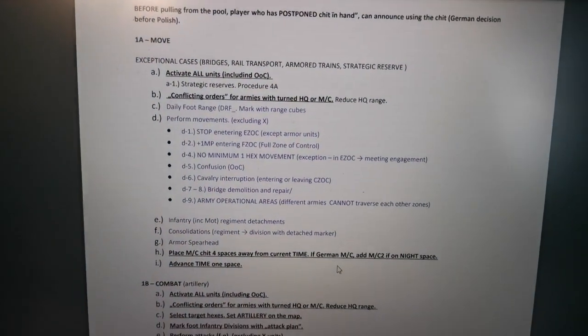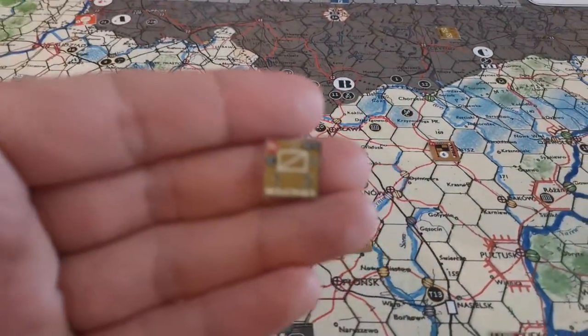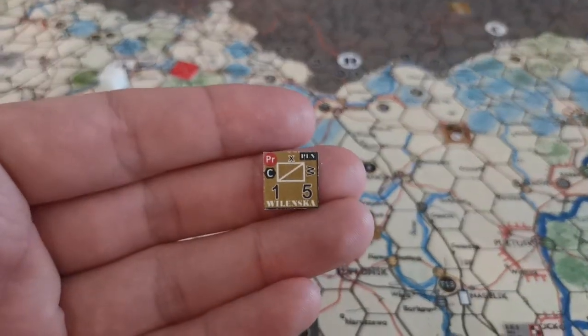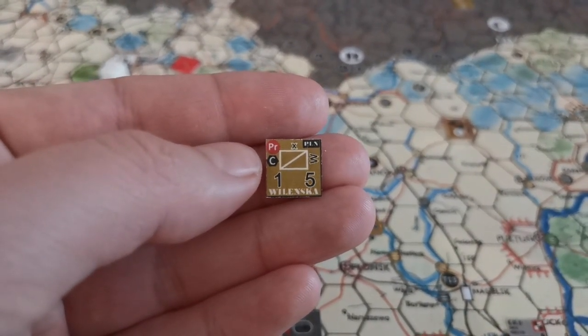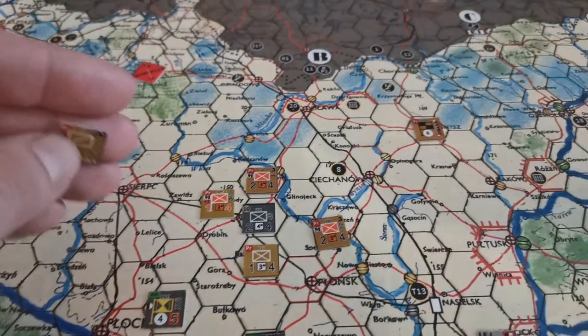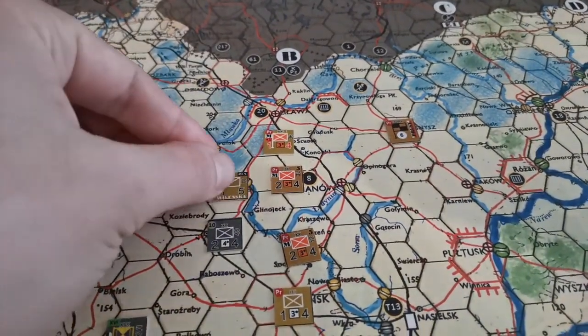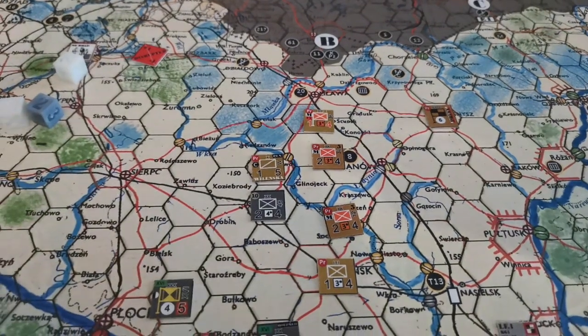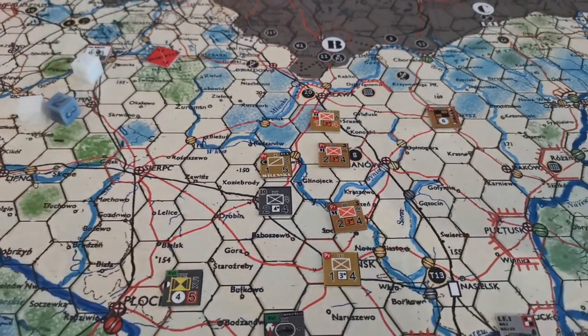Next one, cavalry interruption. Every cavalry unit has a special type of zone of control, cavalry zone of control, which is indicated with a little C in a black hex in this place. Any unit that enters the zone of control of cavalry or tries to leave it can be the target of a cavalry raid.